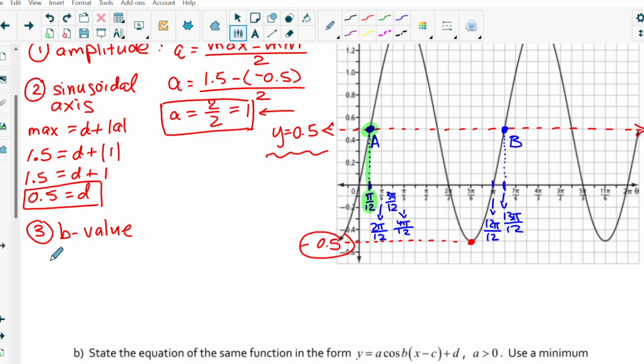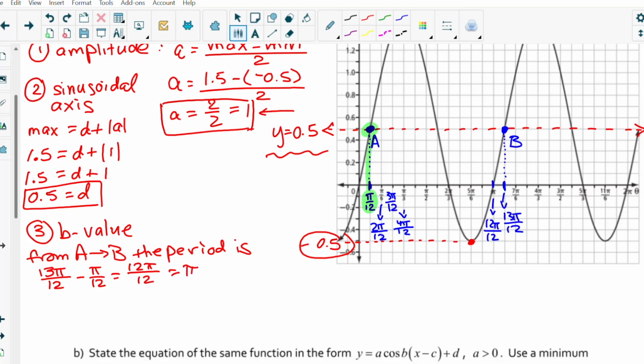So from A to B, let's recap this. You saw it on the graph. The period is 13 pi divided by 12 minus pi divided by 12. Well, that's a nice and easy number, 12 pi divided by 12, or just pi. So the period of this transformed graph is pi.